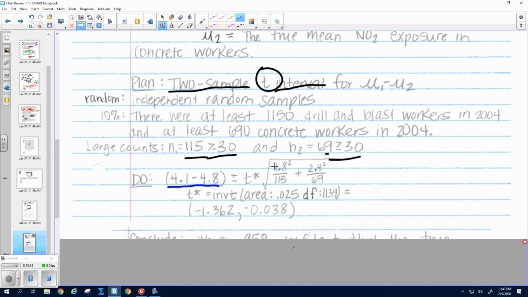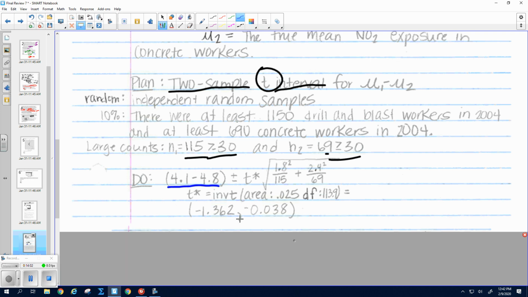So it's your standard deviation squared over n plus your second standard deviation squared over n. Okay, it's easiest to calculate this first and then plug in what you did for your degrees of freedom to get your t star, because your calculator will find the most accurate degrees of freedom.